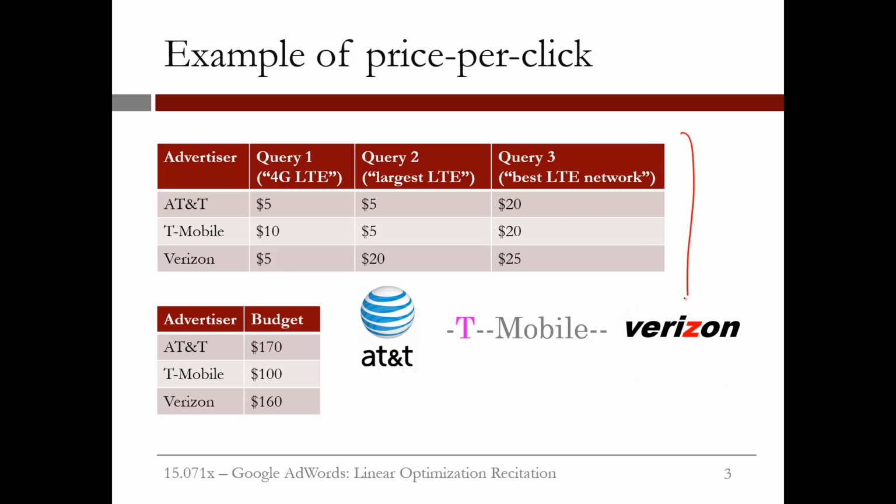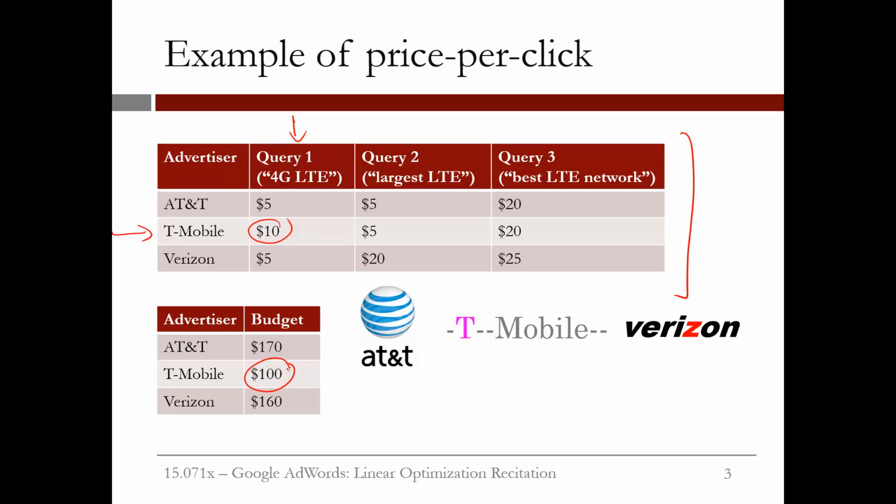The table here shows the price per click of each advertiser in each query. So for example, this 10 here means that T-Mobile will pay Google $10 every time a user searches for query 1 and clicks on T-Mobile's advertisement. In this example, T-Mobile's budget is $100.